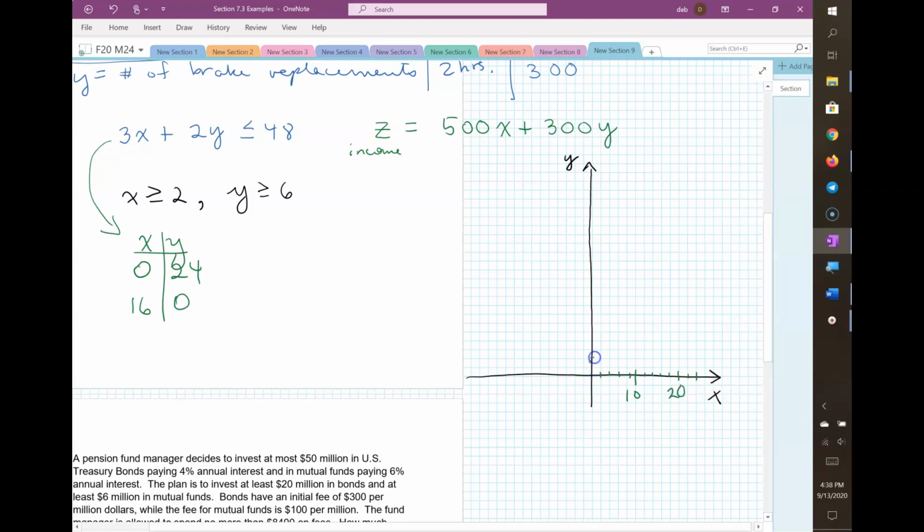And then on the y, 2, 4, 6, 8, 10, and so on up to 24. So when x is 0, y is 24. And when y is 0, x is 16.